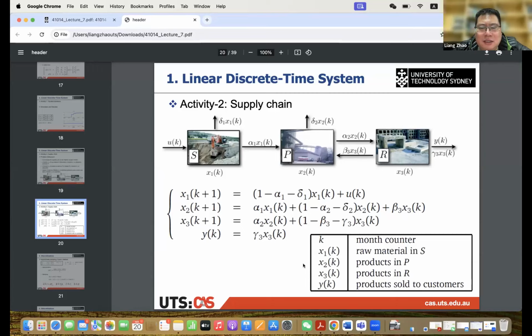And you want to have a C matrix that gets you gamma 3 times x3. So you will have a row vector, which gives you 0, 0, and gamma 3. And you use this row vector times the column vector x1, x2 and x3, then you directly get gamma 3 times x3, something like this.